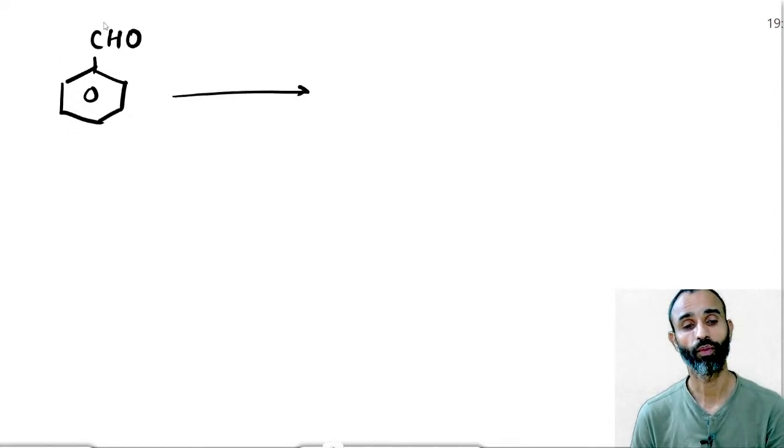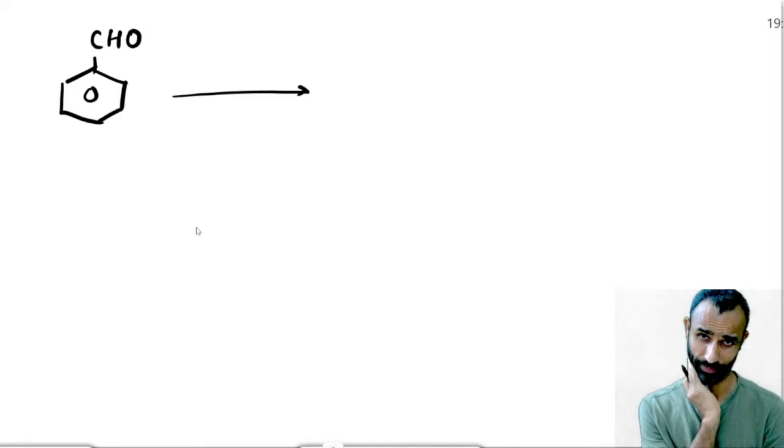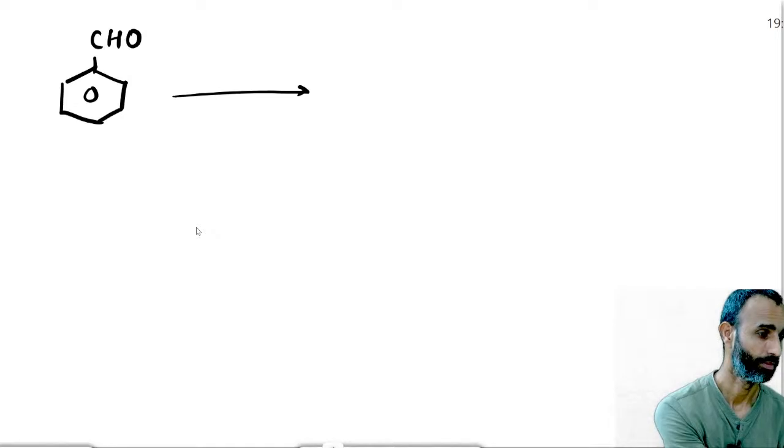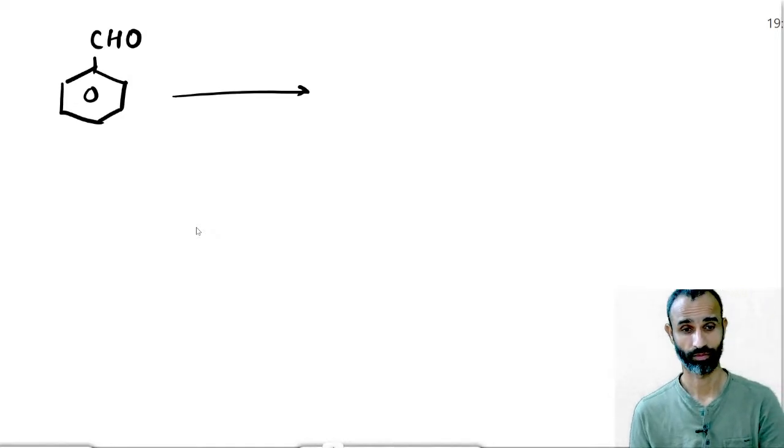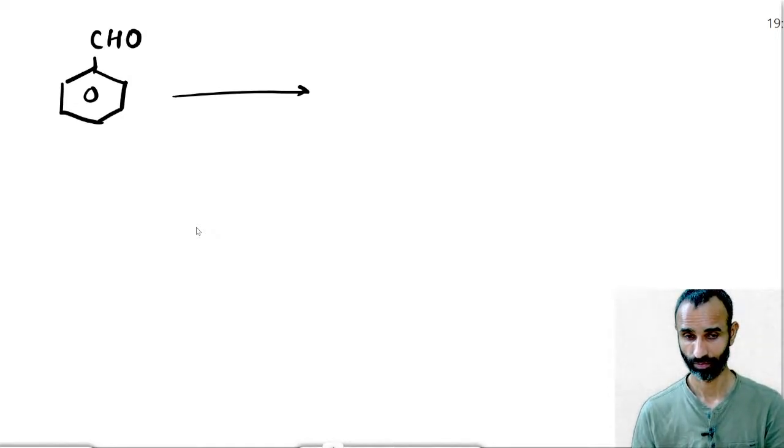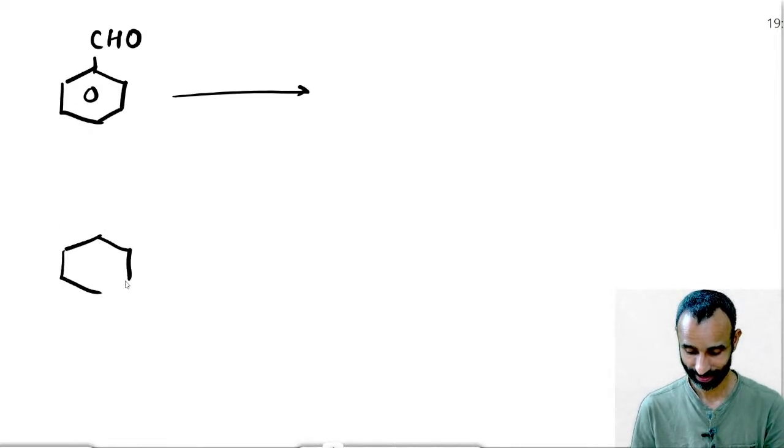CHO group has plus R effect or minus R effect? It takes electrons from the ring, so minus R, sorry.